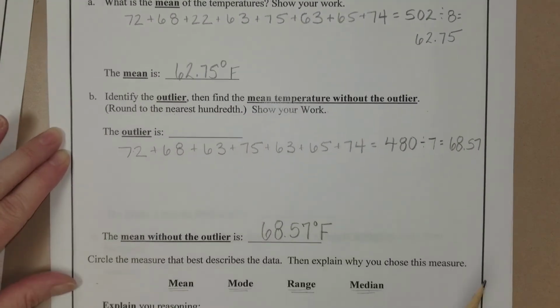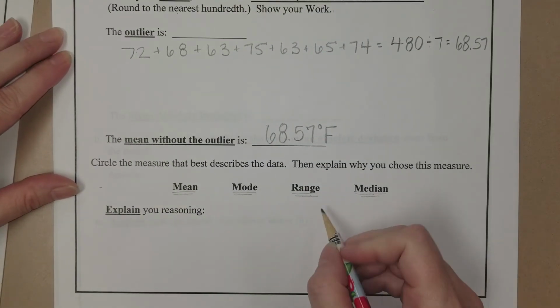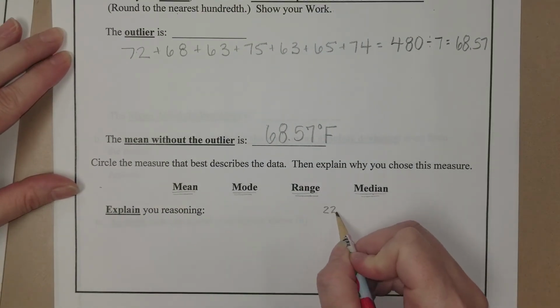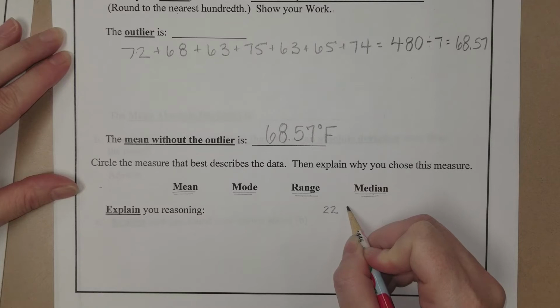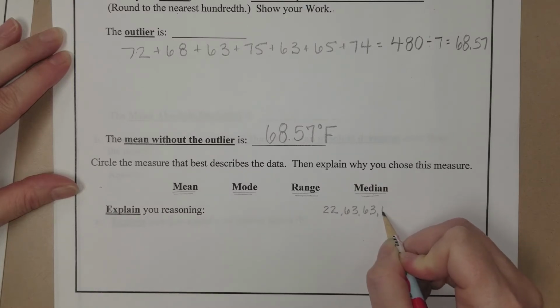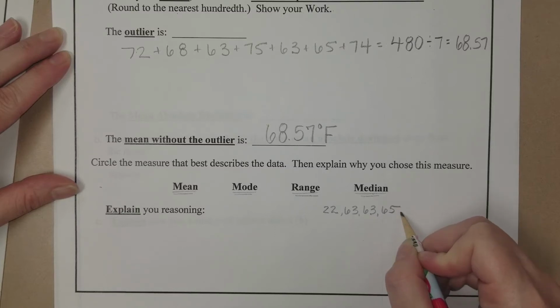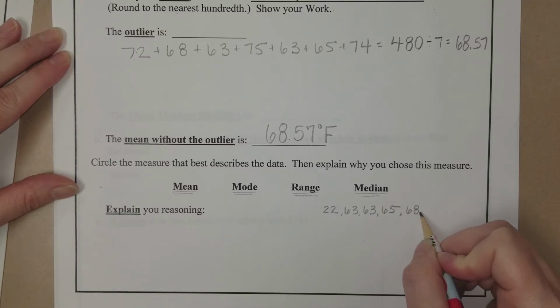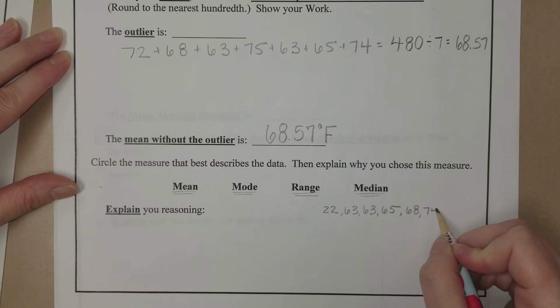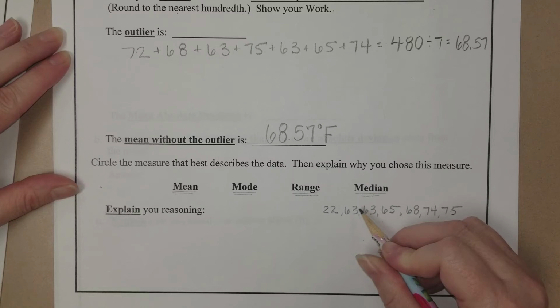I have to slide my paper up so that you can see, but we have 22, then we have 63, 63, 65, 68, 74, 75. 1, 2, 3, 4, 5, 6, 7.